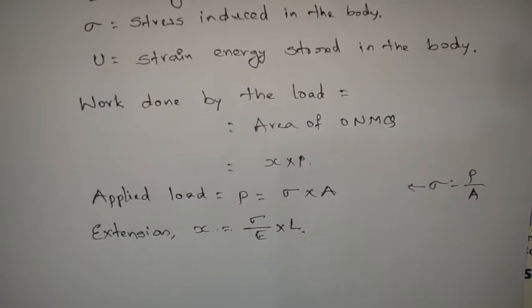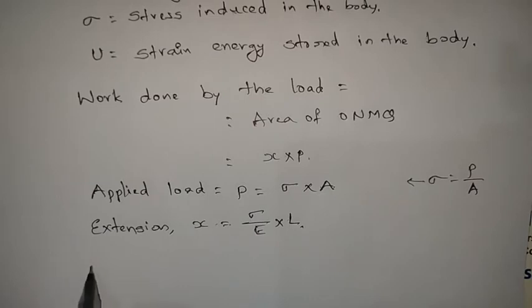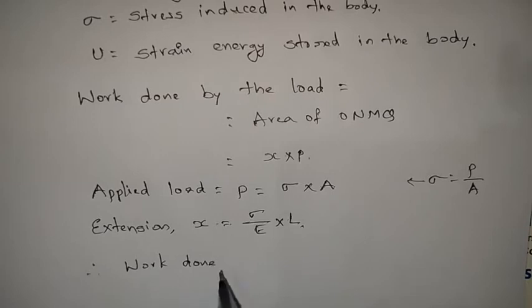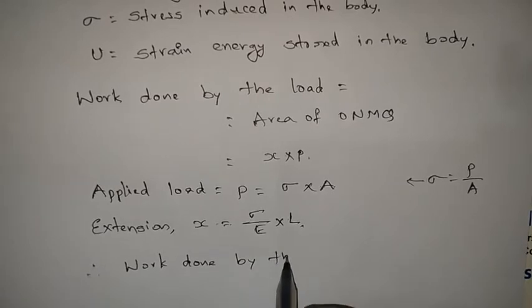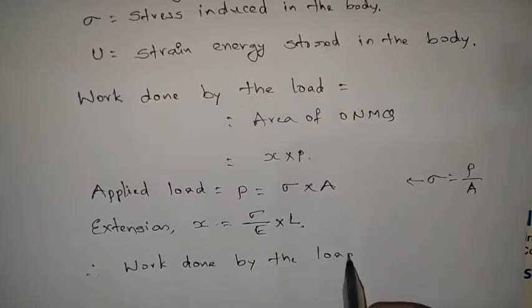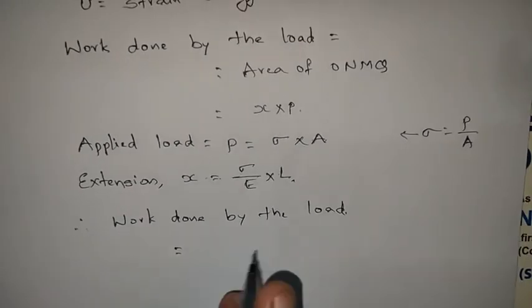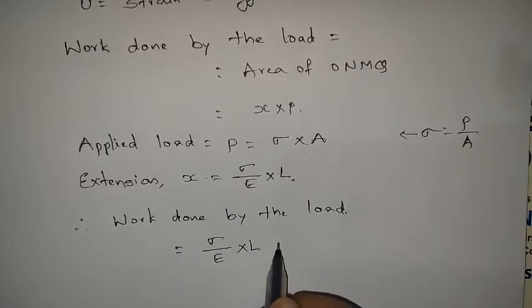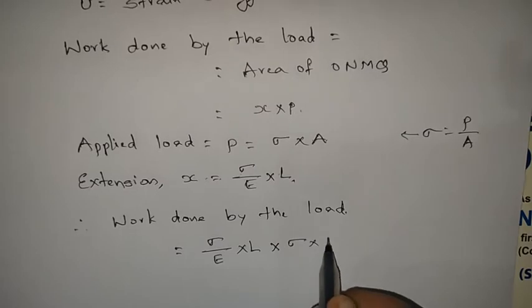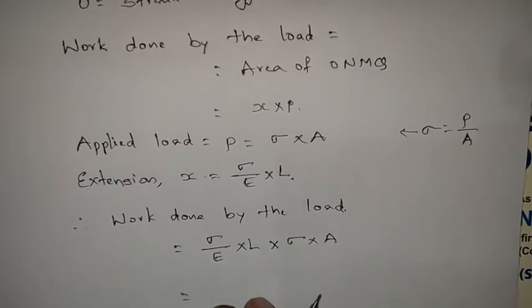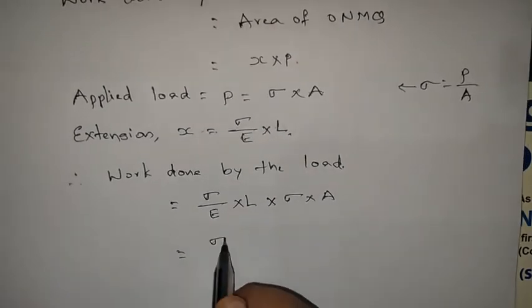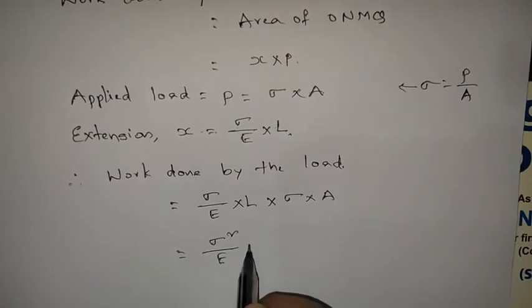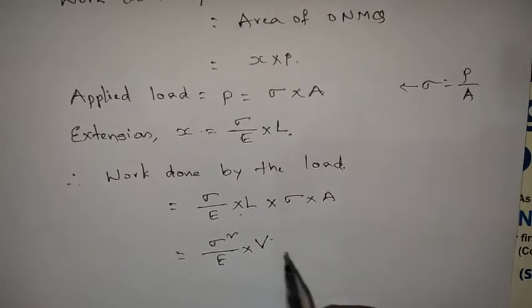Therefore, work done by the load is equal to x into P. So the x value is sigma by E into L and the P value is sigma into A. Therefore, that equals sigma square by E into L into A, which is nothing but V.